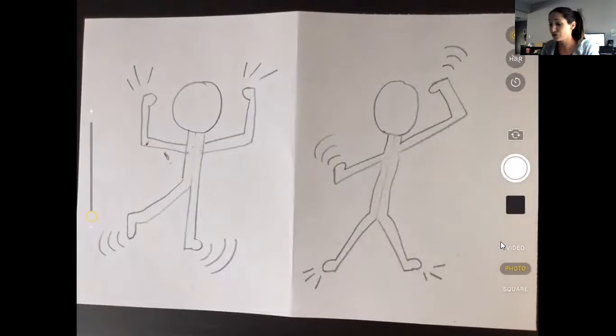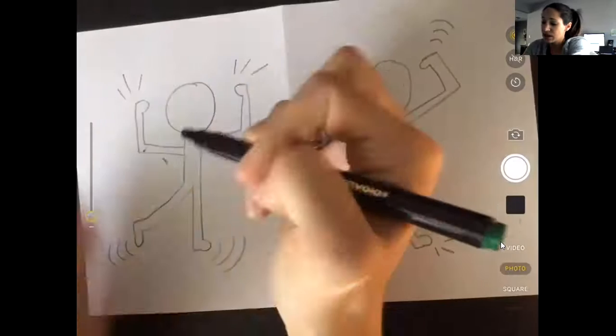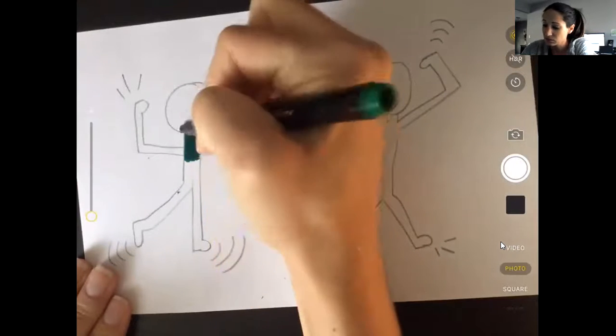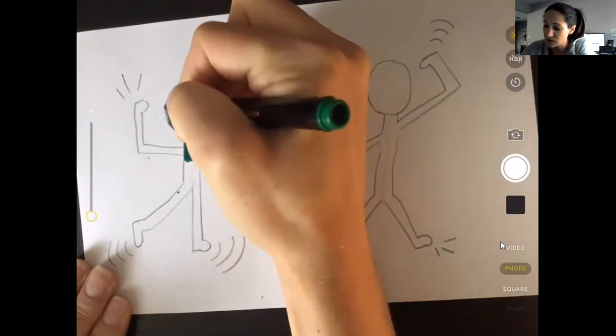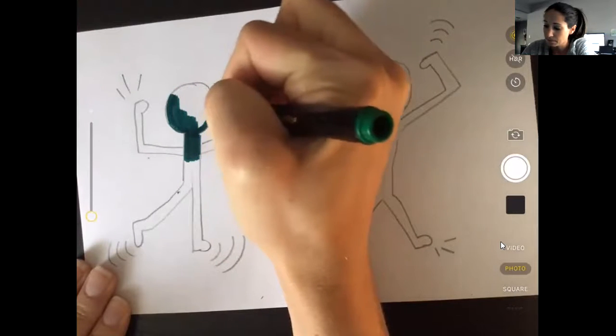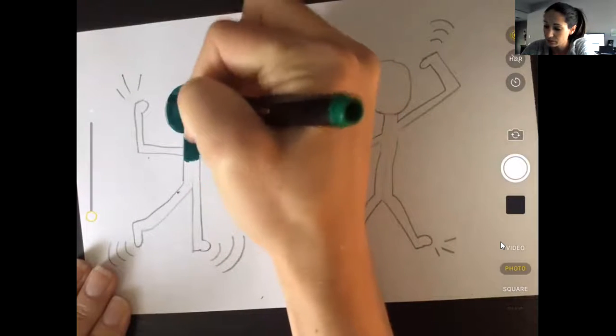And all I want you to do for that part is to take a color and you're going to color in your entire person with that color.